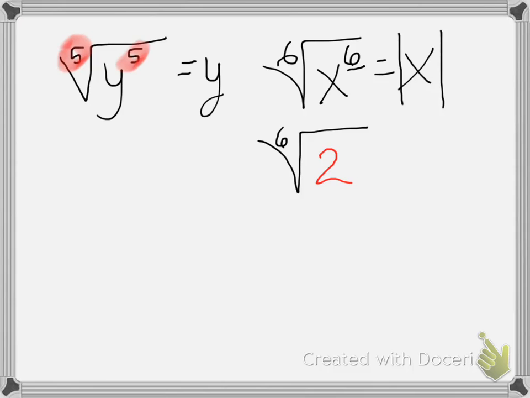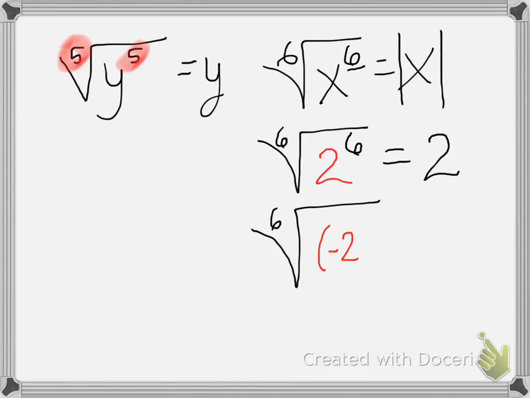Let's call it 2. The 6th root of 2 to the 6th, you know that equals 2. But if I put negative 2 in there, and I take it to the 6th power, I'm also going to get 2.